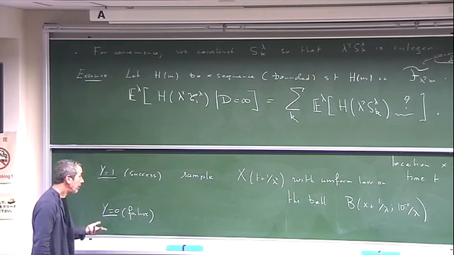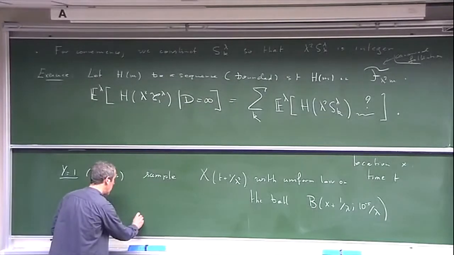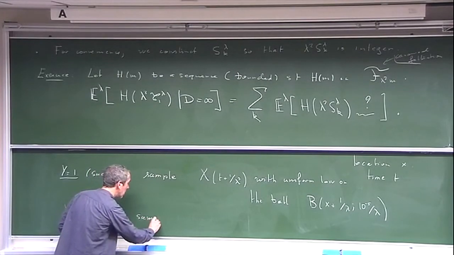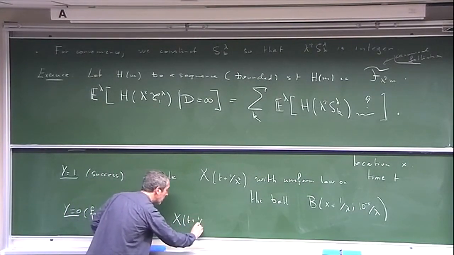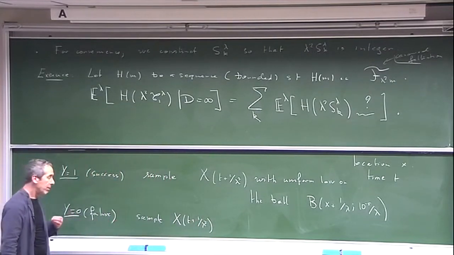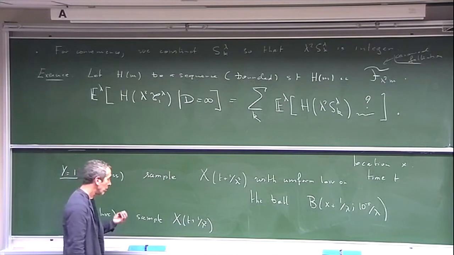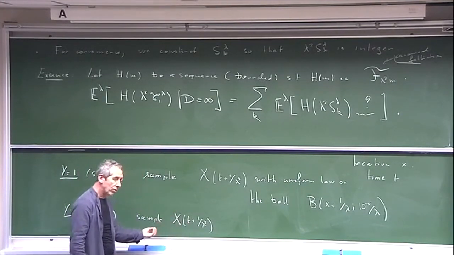So you have to sample the value of x at time t plus 1 over lambda square in such a way that you retrieve what the law of x at this time is for good.